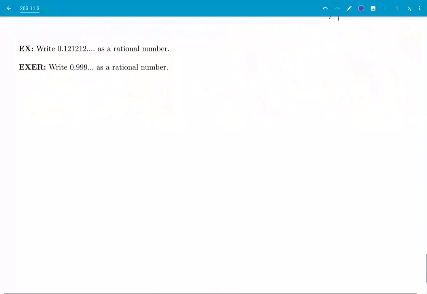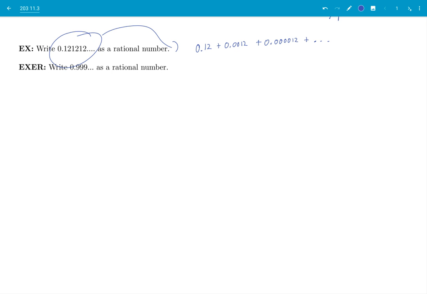Oh, this is fun. Rational numbers. I can take this guy and I can write it as 0.12 plus 0.0012, oops, I forgot a 0, 0.012 plus 0.00012, and so on.